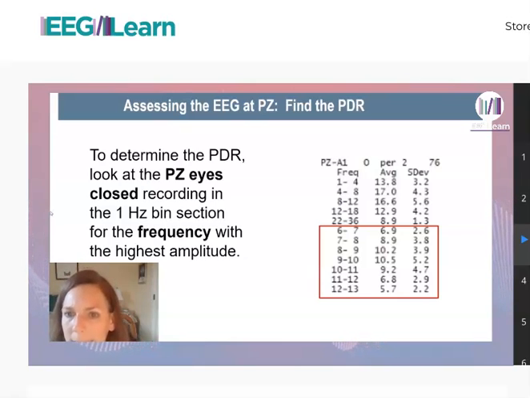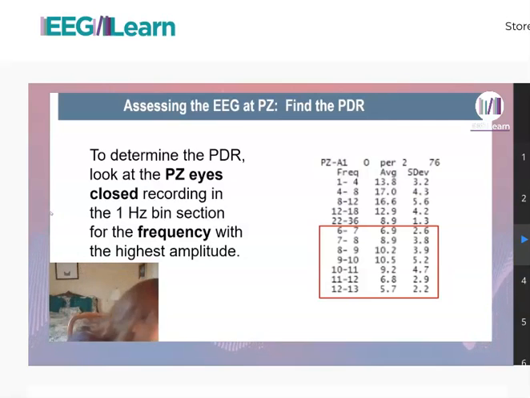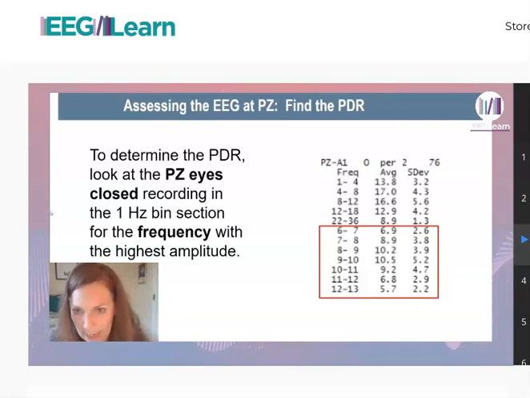Technically, 9 to 10 has the highest amplitude of 10.5, but 8 to 9 is really, really close to that at 10.2. We could probably be safe by saying this person idles somewhere between 8 to 10 hertz. It might be closer to 9. 9 is in between, it's common between them.